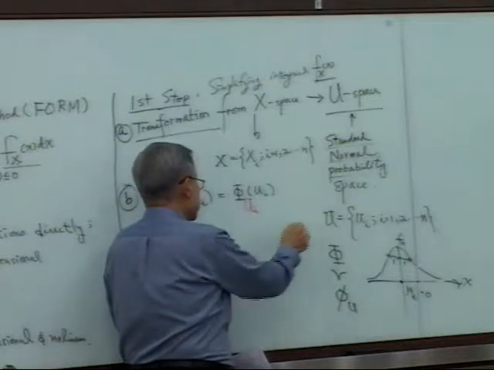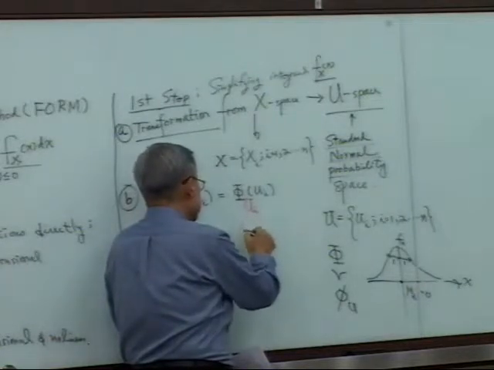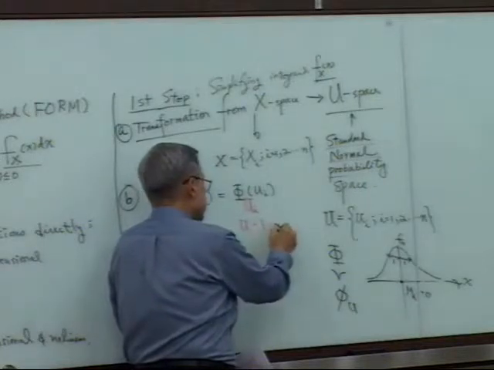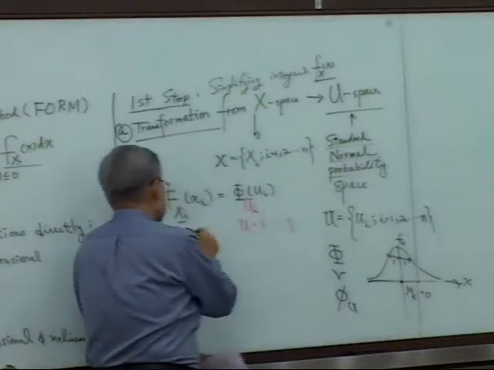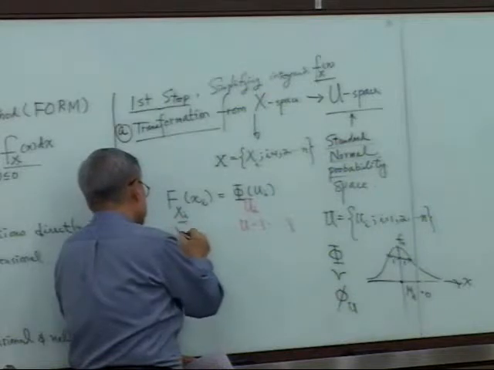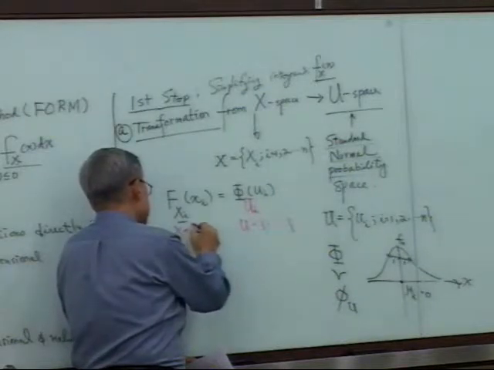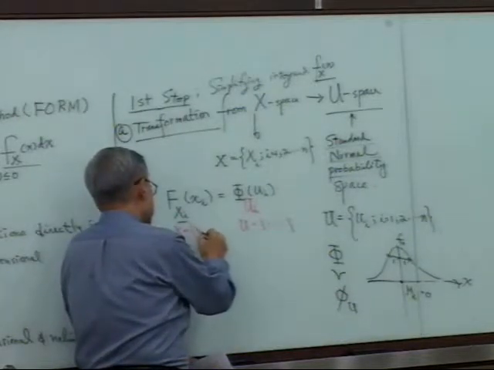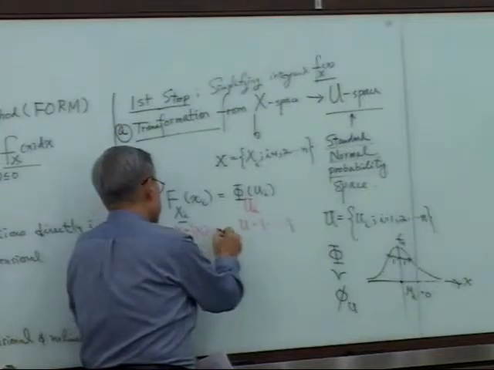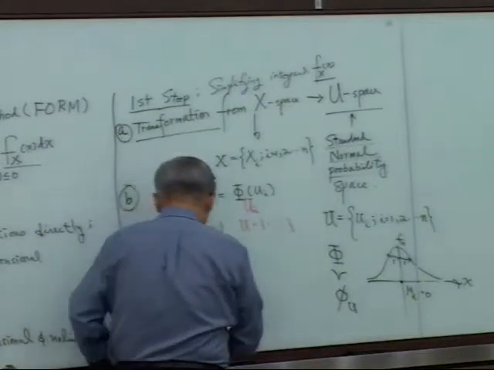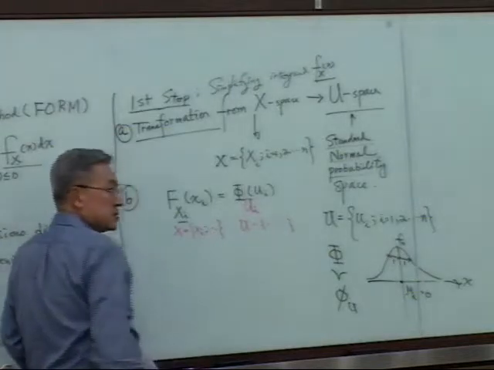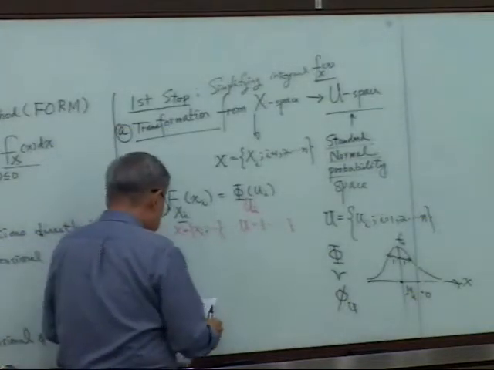So here is the U space, as I write over here, and this is the X space, the Xi space.